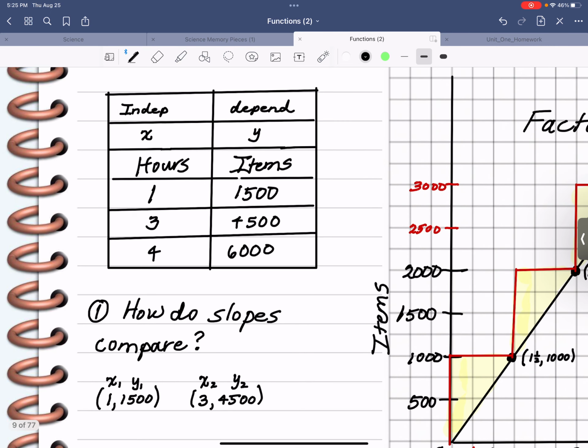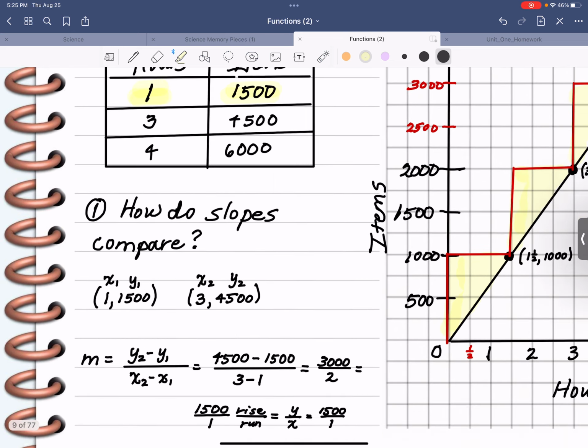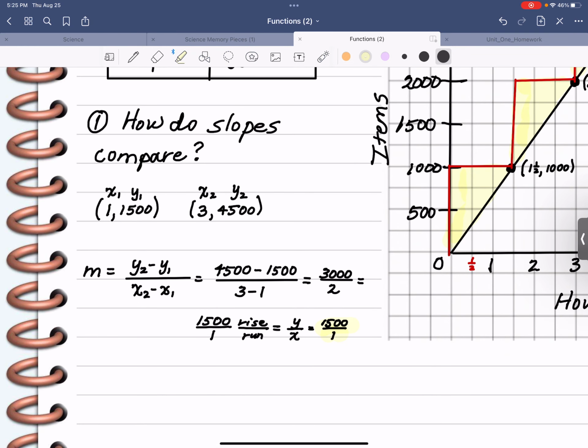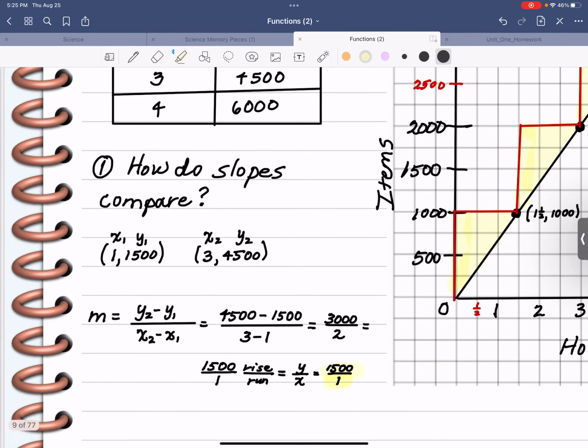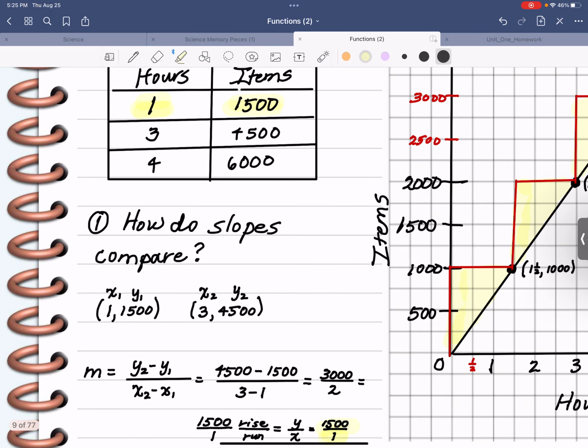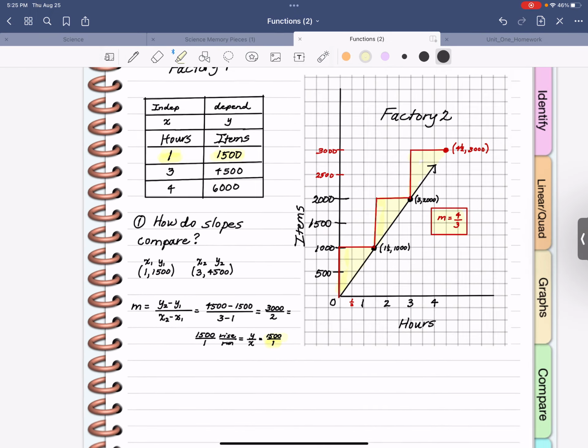Look at this. What did I just say? Y is 1,500, and x is 1. I like that. That just confirms that that point and that slope are the same amount. That's a good thing.